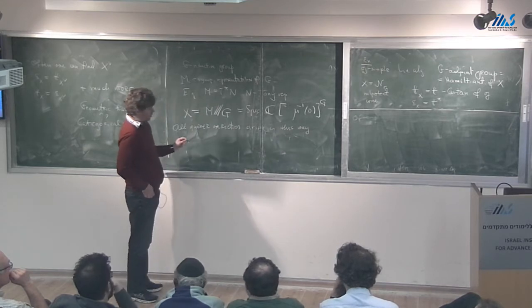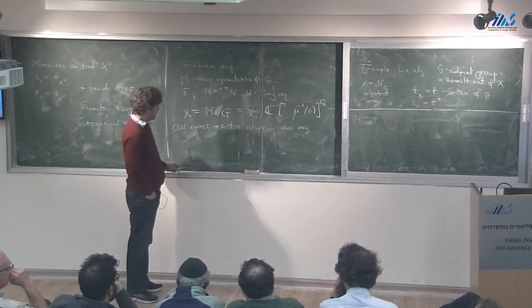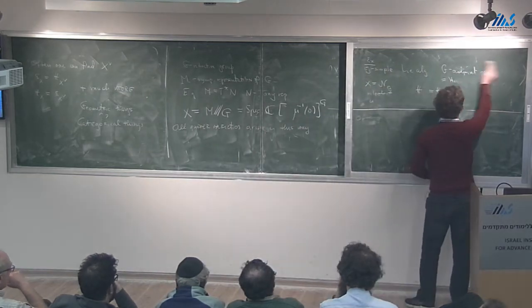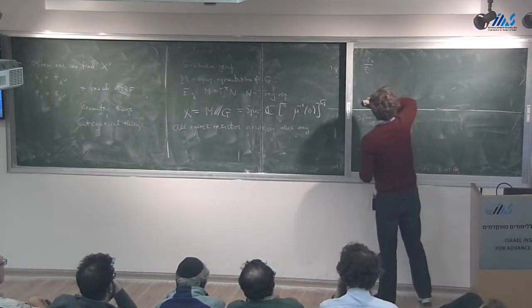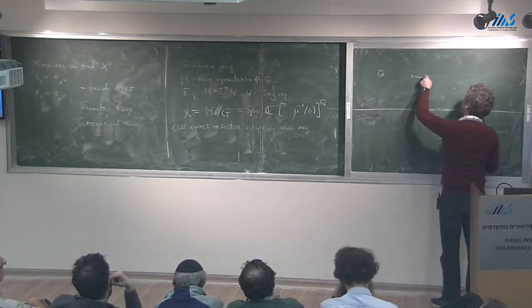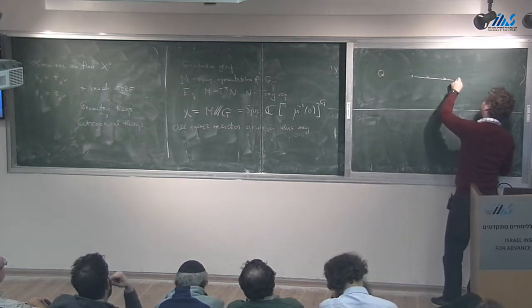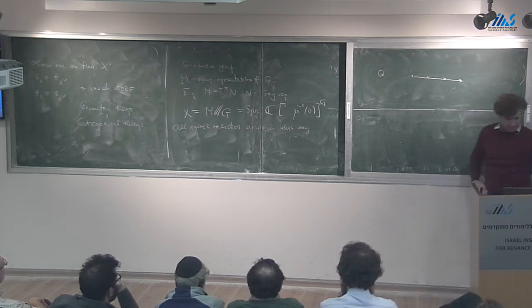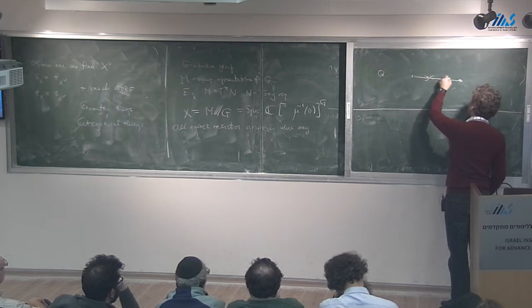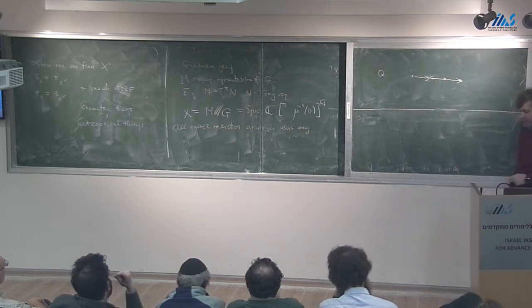So first of all, what is the situation with quiver varieties? What is G and what is M? Assume that we have a quiver Q, with some vertices and some arrows. For simplicity, let me choose an orientation of the quiver, so it's an oriented quiver.